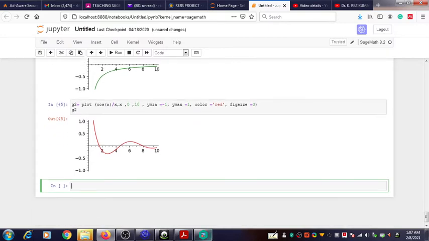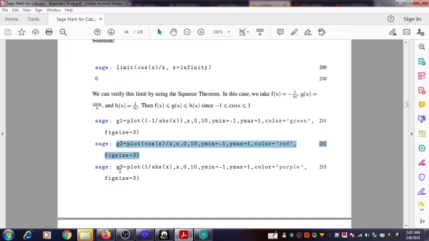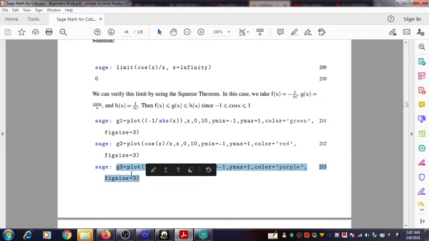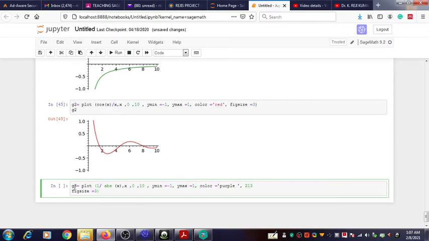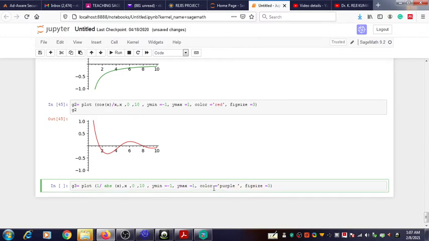And next we copy the third function, that is the lower limit. That function acts as the lower limit for the given function. And just type it G3, we get G3, but there is an error in copying. Purple is the color, so purple is retyped.